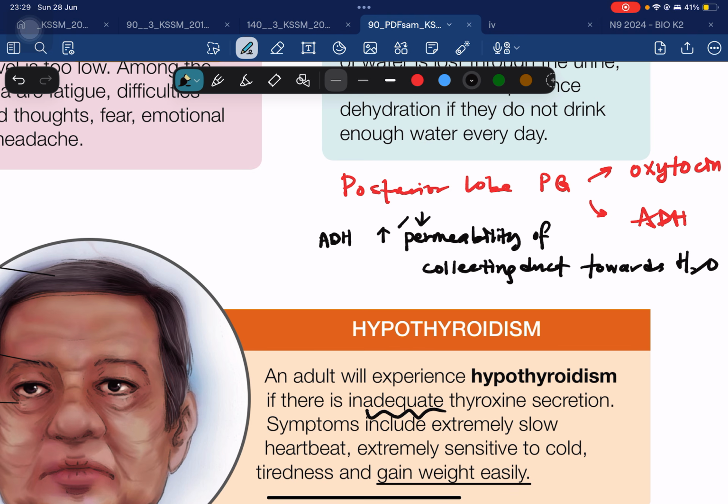But if it reduces the permeability of the collecting duct towards water, water comes out, which means you urinate in a large volume. This is a homeostasis process, where we look at the condition to decide whether to increase or reduce the permeability of the collecting duct towards water.